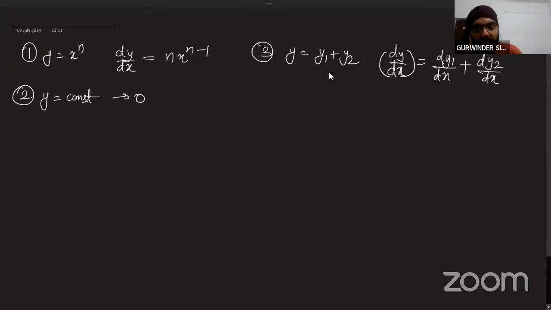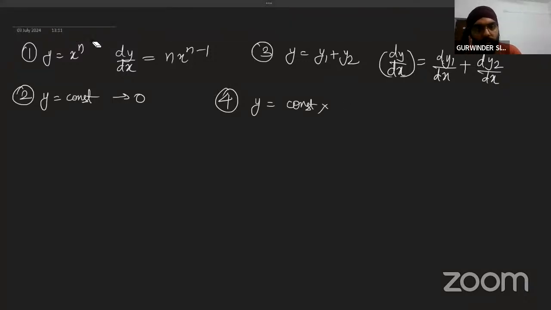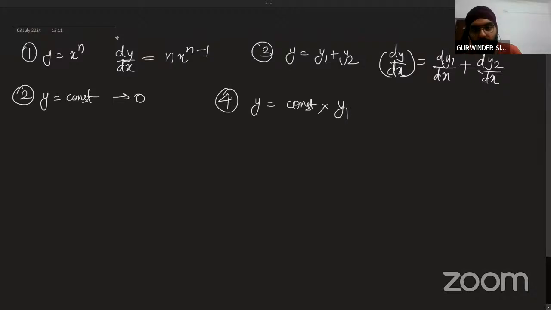I was just curious about how t came. Acha, okay. So you must have got it from physics, maybe. And if y is equal to some constant multiplied by another function, let me write that other function as y1, then dy by dx equals the constant multiplied by dy1 by dx. So this was all about yesterday.